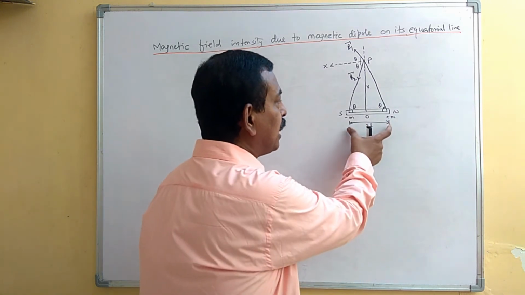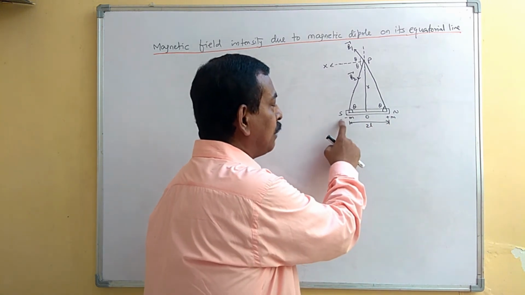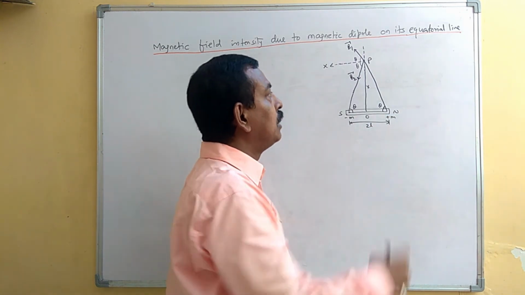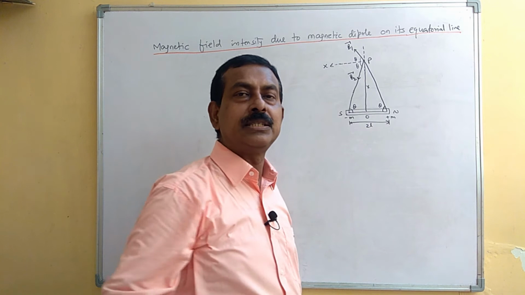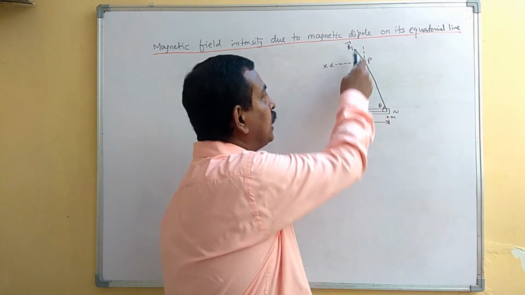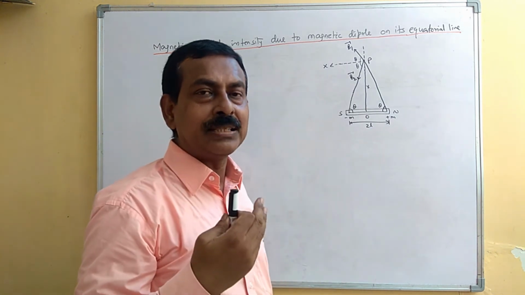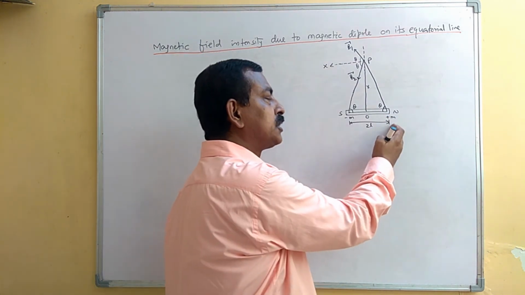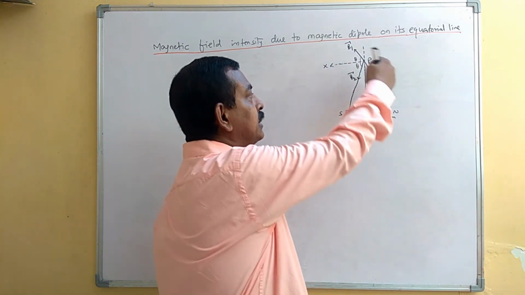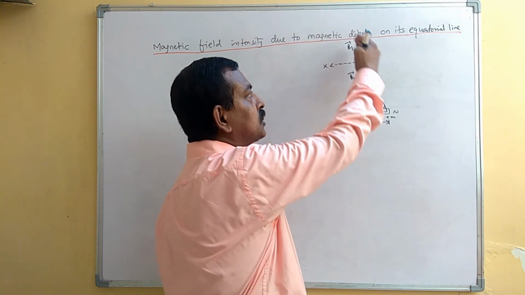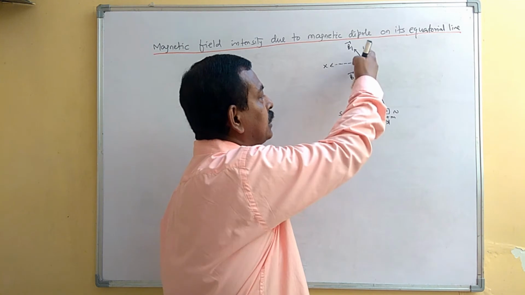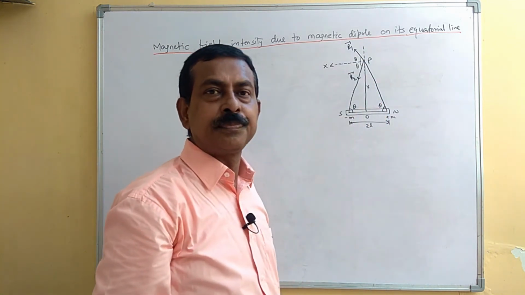So suppose this is the magnetic dipole SN, with pole strengths minus m and plus m, and it is of length 2l. We want to find the magnetic field intensity on the equatorial line at a distance r from it. B1 and B2, once again we have taken as the magnetic field due to the pole strengths plus m and minus m at the point P. Their directions will be: B1 along NP, and B2 in the direction PS.